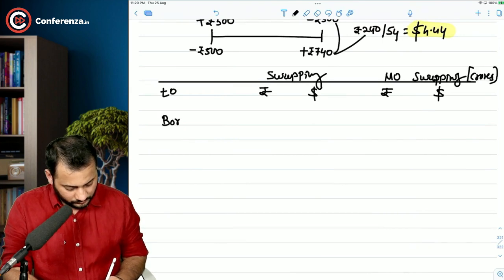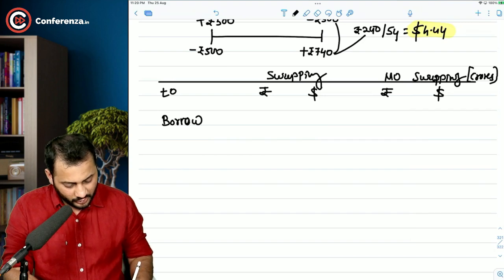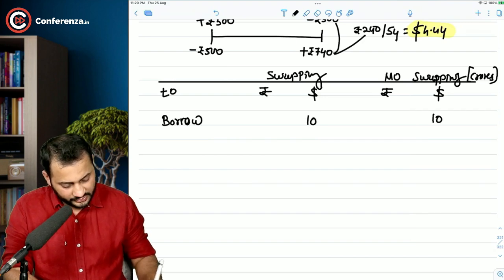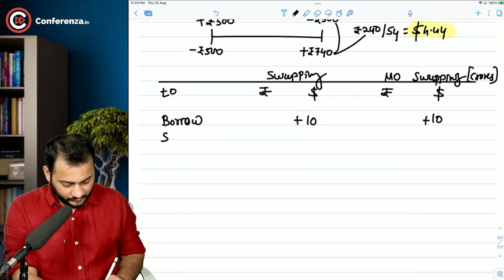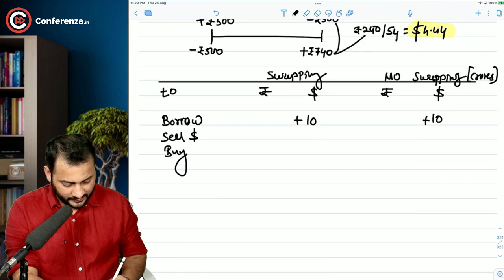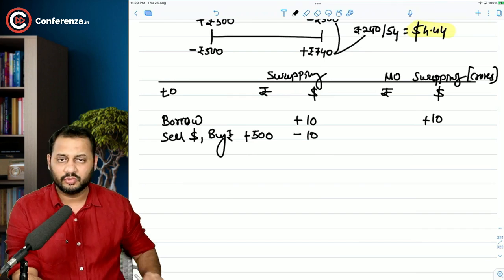Borrow. You will borrow money from America. How much? 10 crore dollars. Then you will sell dollar and buy rupee. How much? 500 crore rupees will be bought by you by selling 10 crore dollars.